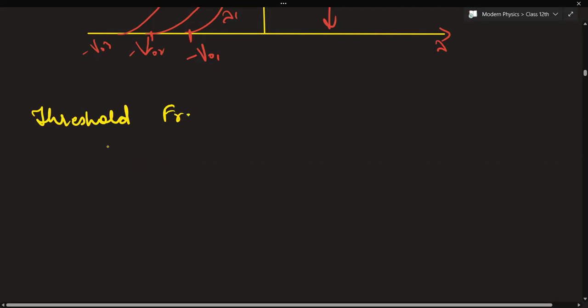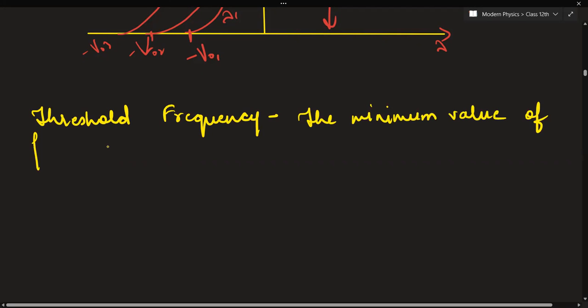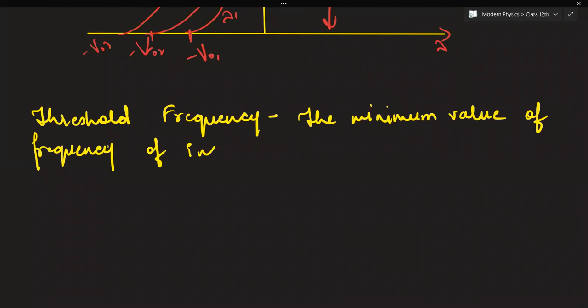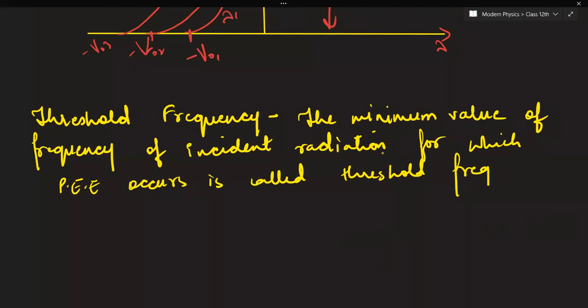Threshold frequency. So it's the minimum value of frequency of the incident radiation, below which photoelectric emission does not occur, is called threshold frequency.